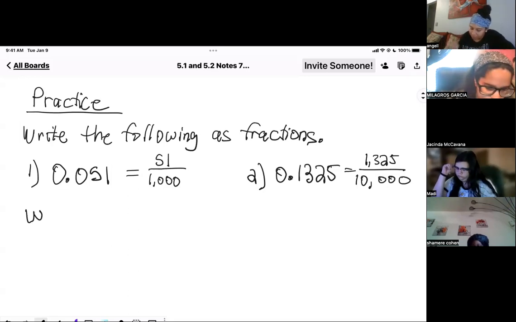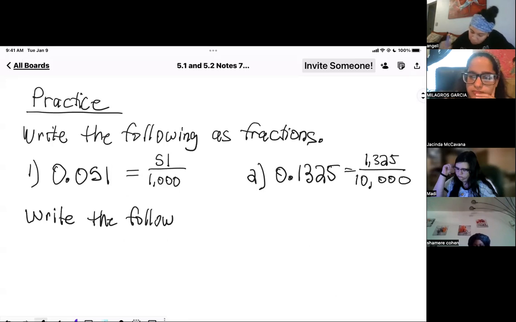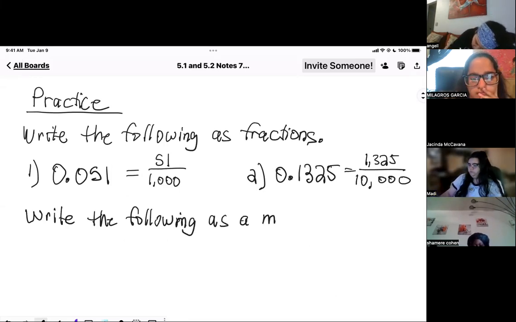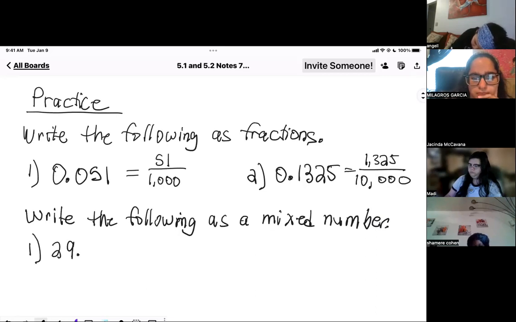Okay, so now, we haven't done this yet. Write the following as a mixed number. I'm going to do 1 and show you how to do it. You probably already know how to do it, but I want to make sure.